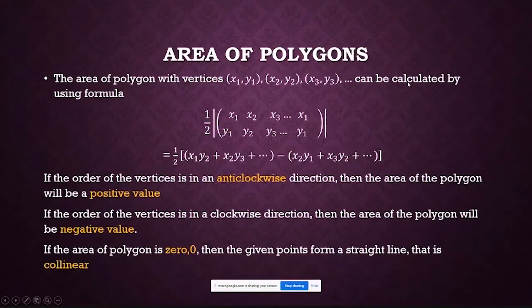They can be calculated by using the formula 1 over 2, with the modulus. We must write this modulus symbol, and you write in the coordinates x1, y1, x2, y2, x3, y3, pair with pair. And for the last point, you repeat the first point, x1, y1.